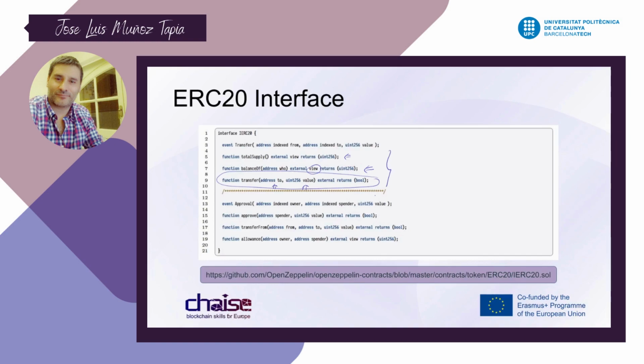And the only special functionality that maybe you didn't expect is that it has an approve mechanism. What does it mean? It means that you are the owner of some tokens, then you can send a transaction to the smart contract and approve a spender.